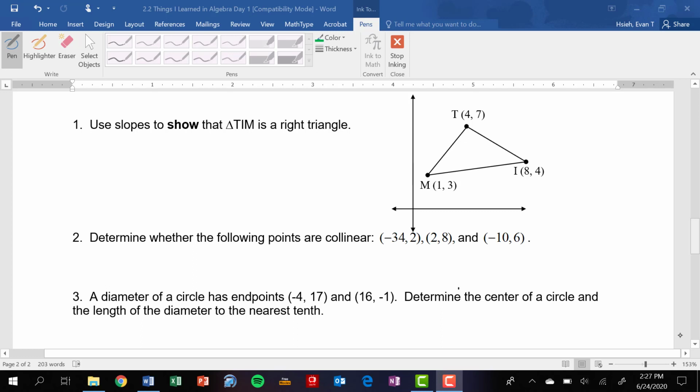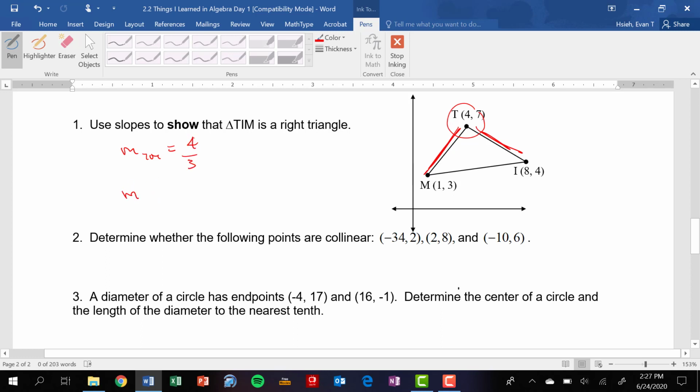All right, the first one here, use slopes to show that TIM is a right triangle. I'm going to guess here that the right angle that we're verifying is probably going to be this angle at T. We can check that simply by checking the slope between this line and this line right here. So the slope of TM is equal to change in y divided by change in x, or 4/3.